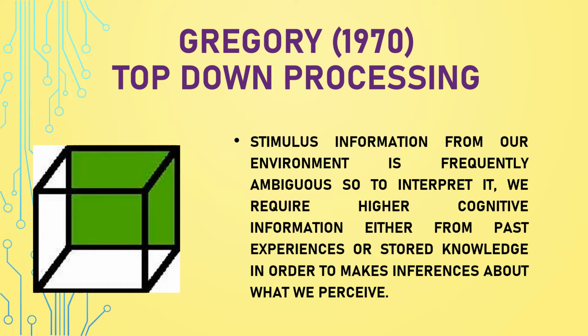For example, this Necker cube. This is a diagram, and it gives the feel of a cube. When you focus or stare at this cross, what happens is the orientation will suddenly change. Either this grows or this grows.